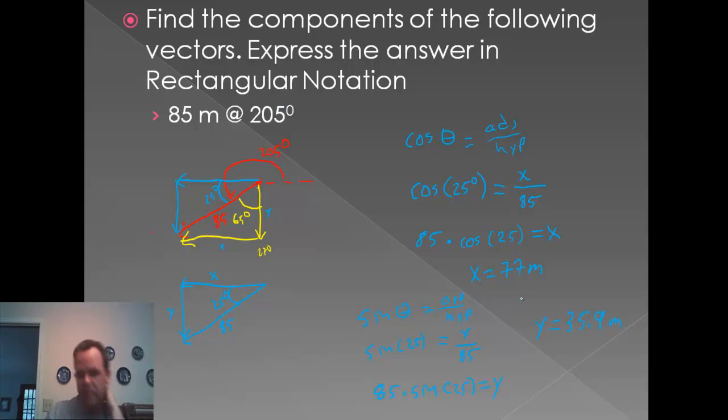So my x is 77, my y is 35.9. My final answer: my x component is going to the left, so I need to make it negative, and my y component, which is going down, negative 35.9 meters. So it's negative 77 meters by negative 35.9 meters.